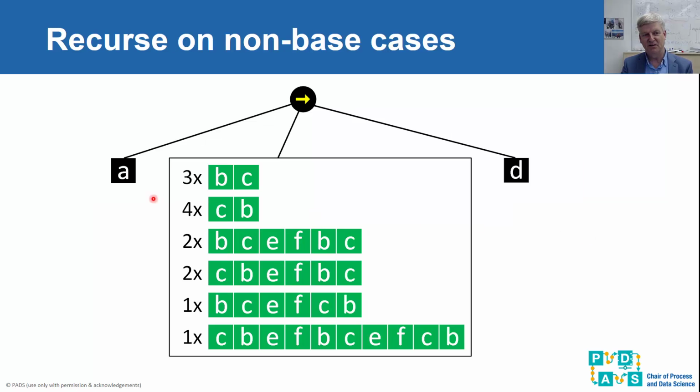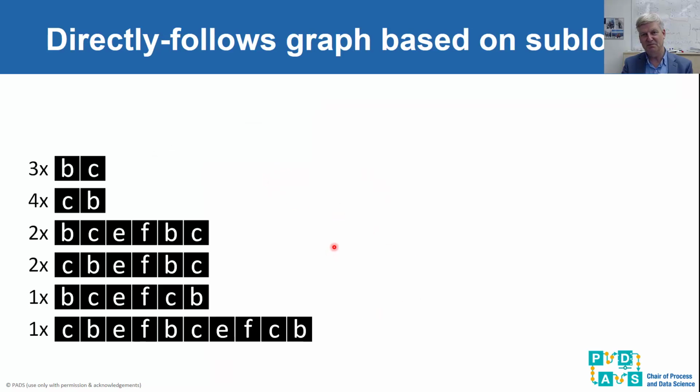So they can be trivially converted into normal atomic activities. Then the green part remains, but in principle, it could be that in each of the subtrees we still have a complicated log. Then for each of these sublogs we basically repeat the same principle.